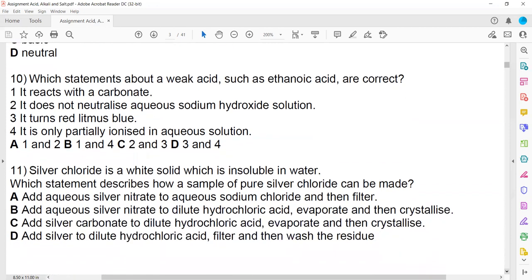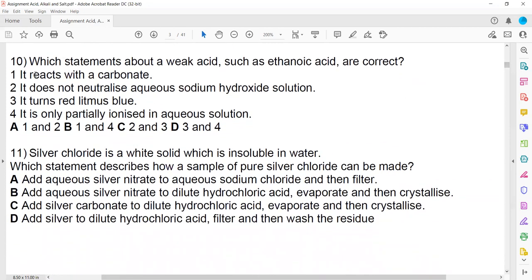In question 10, which statement is about weak acid? Weak acids such as ethanoic acid, statement 1 is correct. All acids, even strong acid or weak acid, can react with carbonate. It does not depend on what kind of acid it is. Strong acids react faster, weak acids react slower, but all of the acids can react with carbonate.